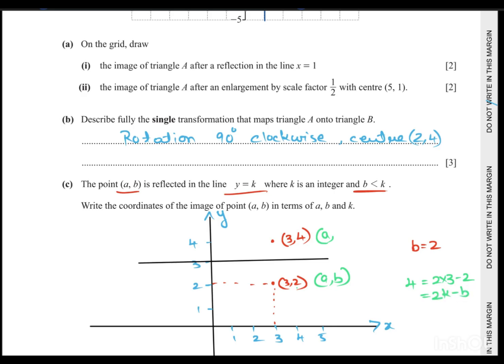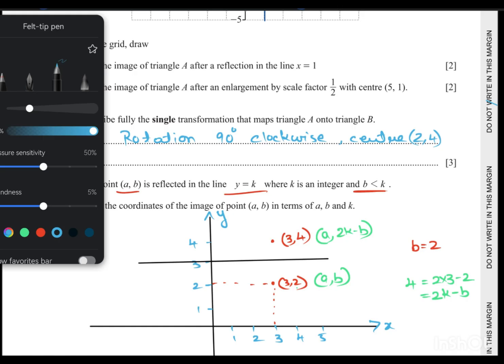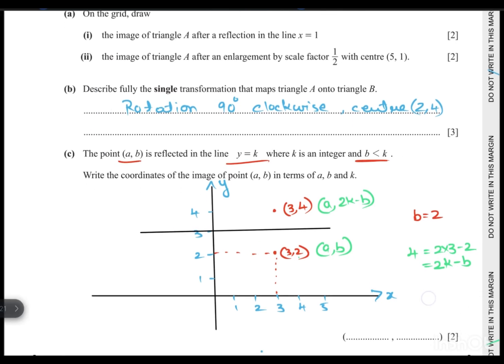That is 6 minus 2 is 4, right? So this is 2k minus b. So the answer is A, 2k minus b. Question number C is done.